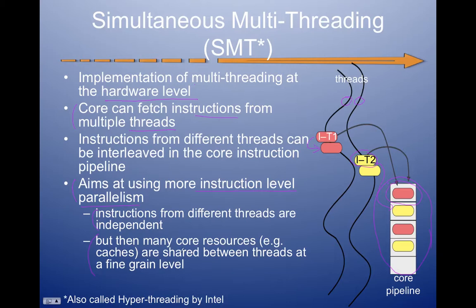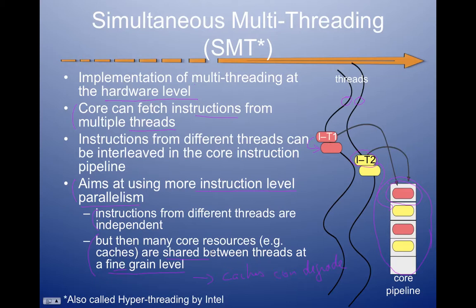However, this technique shares the hardware resources between the threads at a fine-grained level. So sometimes this can be inefficient. On some executions, because you're sharing, for instance, caches can degrade. They can be less efficient because you are fetching more data from the memory than they can handle efficiently.